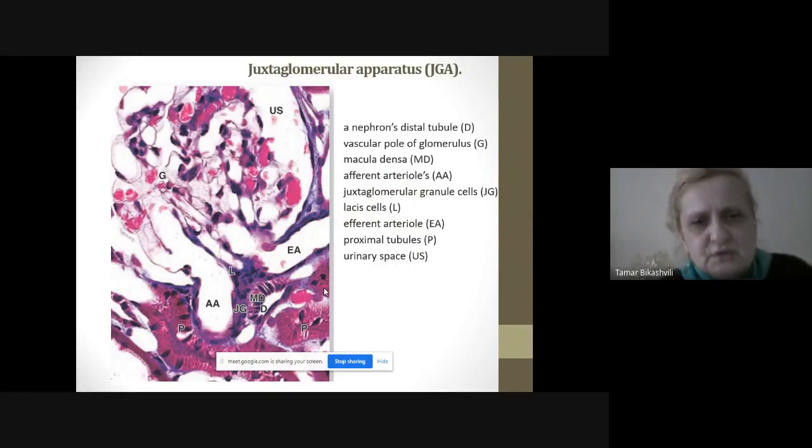So this is the glomerulus, of course, the urinary space, then the capsule here. Also, we can see here the afferent arteriole. So this is the vascular pole.